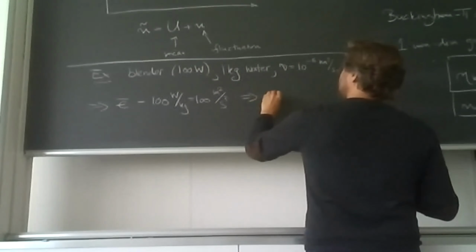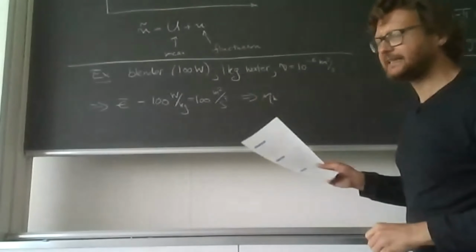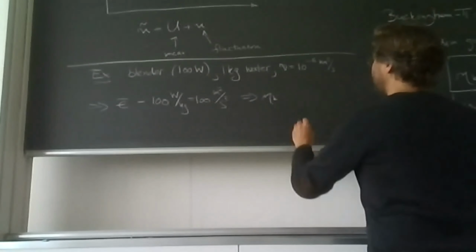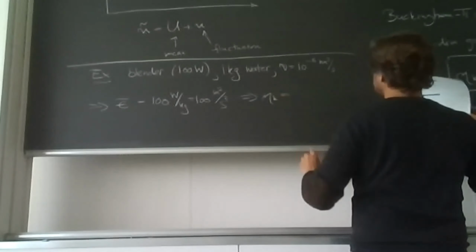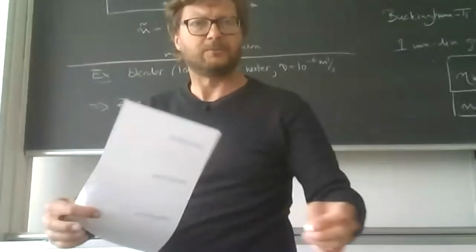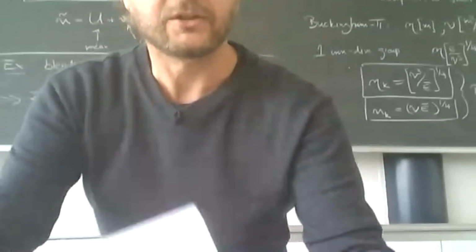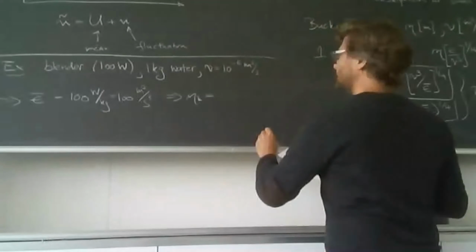And eta, the smallest scale eddy, according to our formula on the blackboard, is nu to the third power.